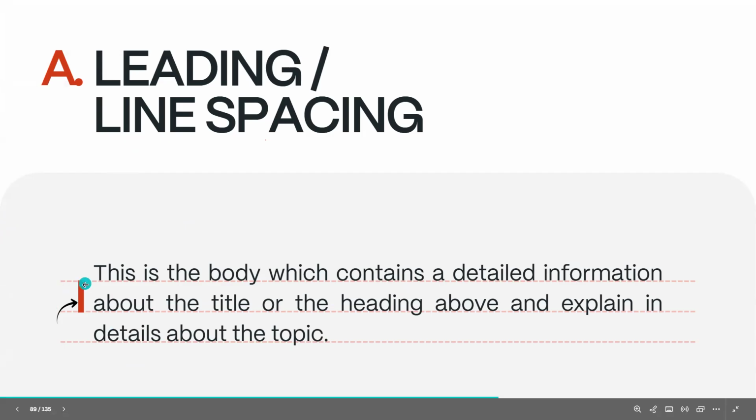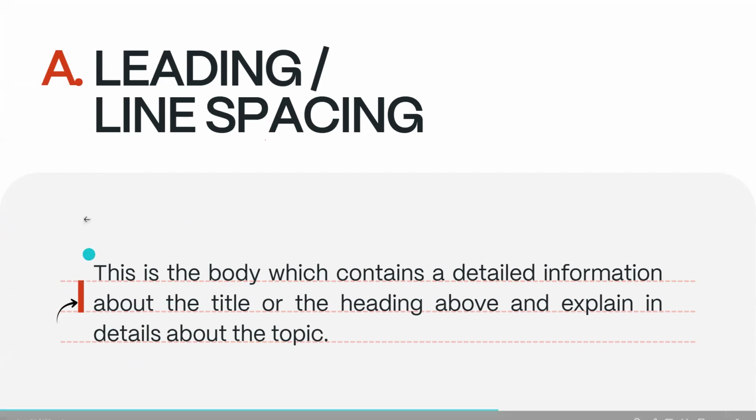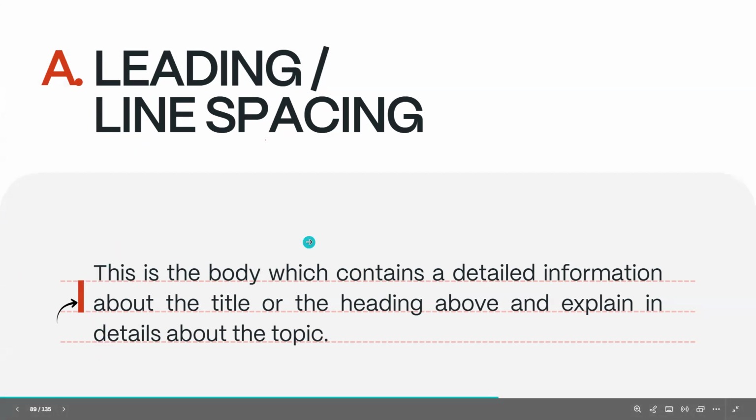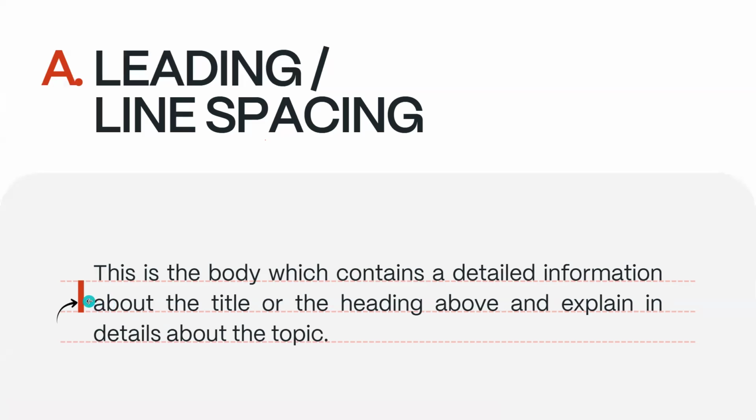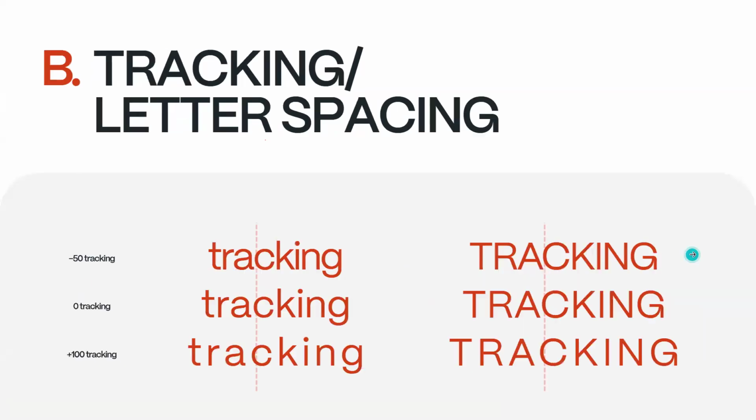If you increase it very much, it will look very odd. If you decrease it very much, it will also look odd. But if you use it at a good distance, it will be easier for the eyes to look at. The second one is tracking or letter spacing.